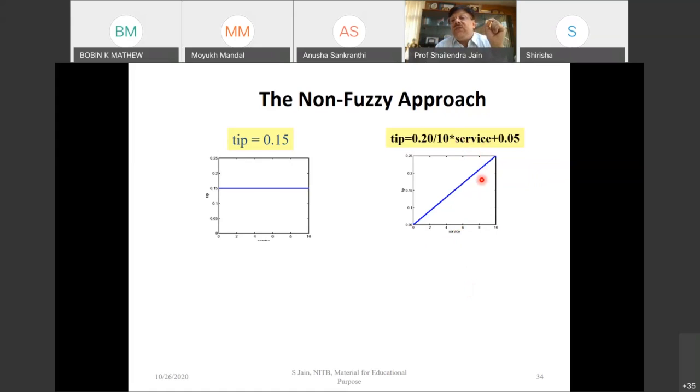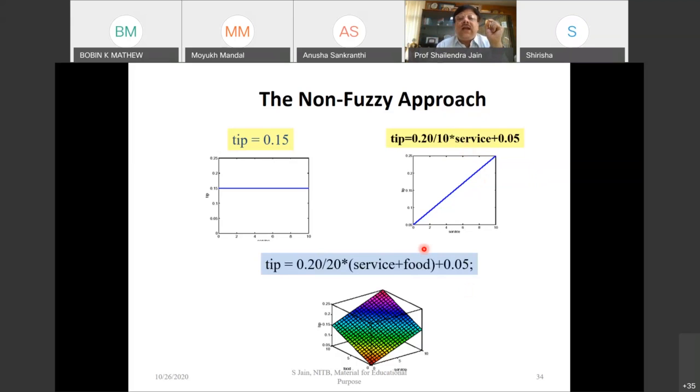Say for example, if you go to some restaurant, the service was excellent, but food quality was worst. Do you give the tip for that? So basically, we'll have another parameter, that some fixed component, but some percentage weightage of service as well as food quality. On the x-axis, we have the service. On the y-axis, we have the food quality, isn't it? Now, again, some marks are given from 0 to 10 for service and 0 to 10 for food, and then we decide the tip.